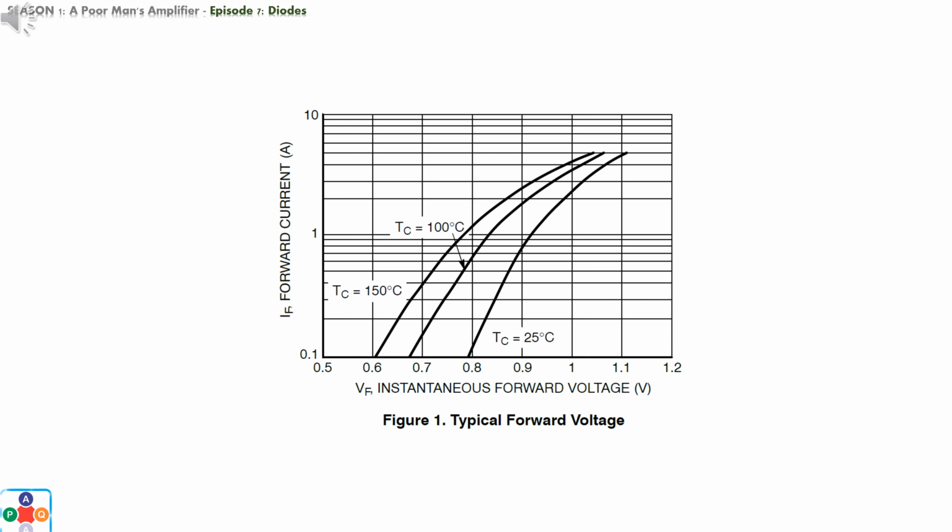Since the y-axis is labeled from 0.1 to 10 amperes, we cannot read from the graph what the voltage drop would be at 20 milliamperes. The lowest value presented in the graph is 100 milliamperes. This graph is another colossal waste of time.